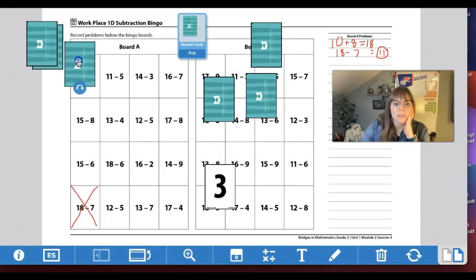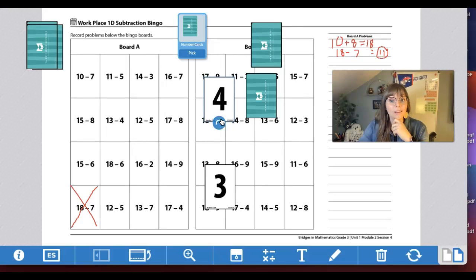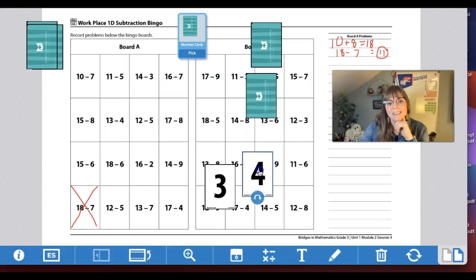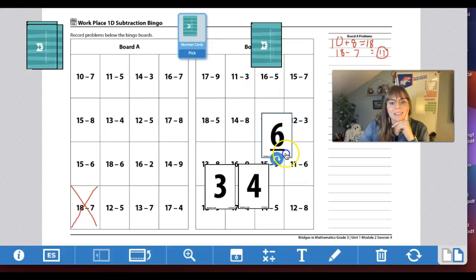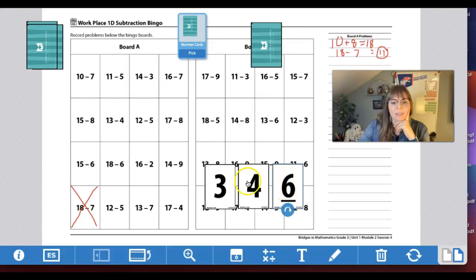So I'll put this in my discard pile. 3 plus 4 is 7. And 6. Okay. 3 plus 4 plus 6 equals 13. I can do that so quickly because I know 4 plus 6 equals 10, plus 3 more equals 13.